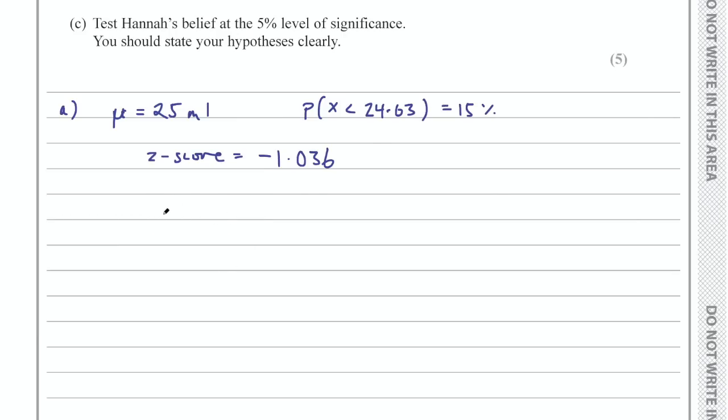So the z-score formula says that we have the x value, take the mean, divided by the standard deviation, is equal to the z-score. So I'll have negative 1.036 equal to 24.63, take the mean, which was 25, divided by the standard deviation.